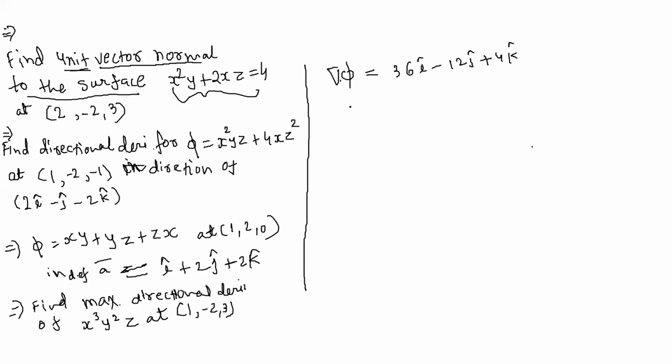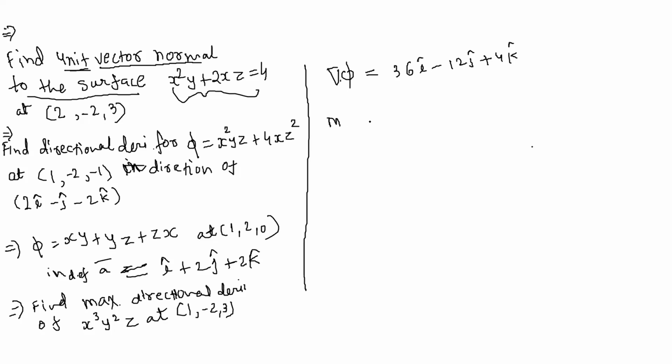Okay. And when cos theta is maximum, theta is equal to 0. Yes. So now the final formula to get the maximum directional derivative. What is that formula? Mod of nabla phi into cos theta.